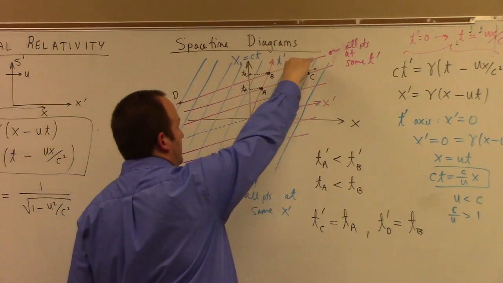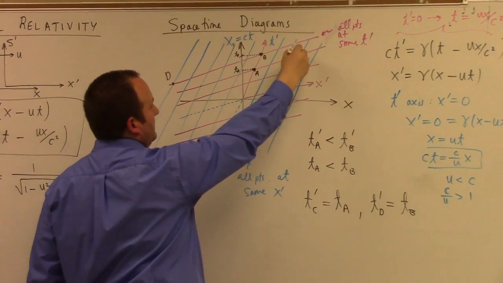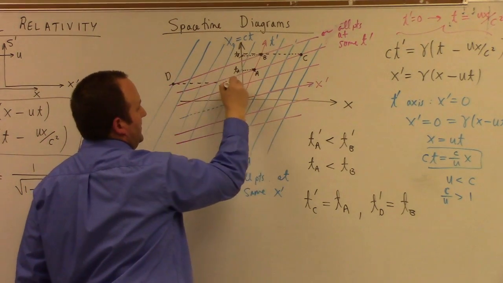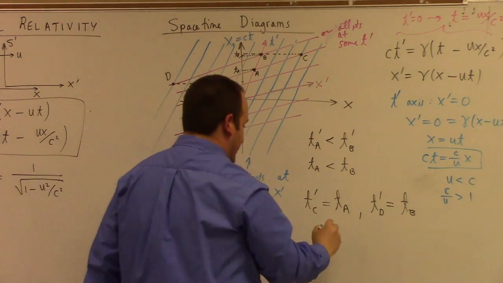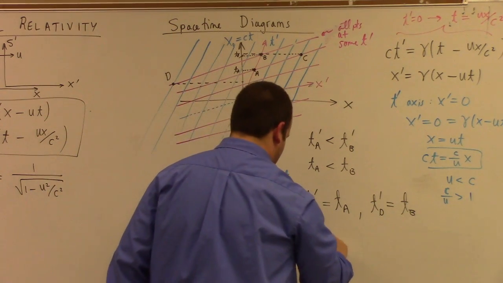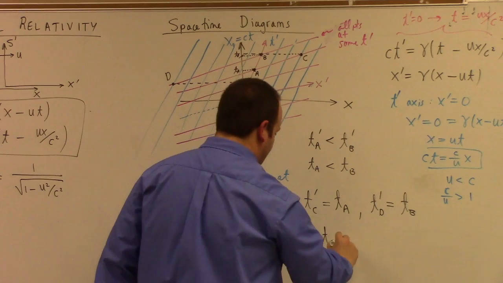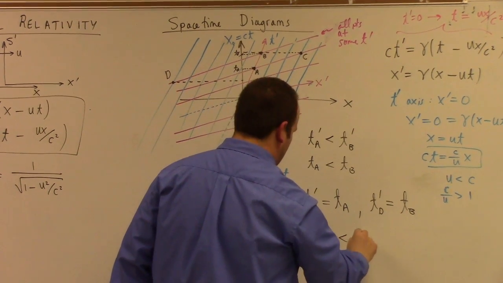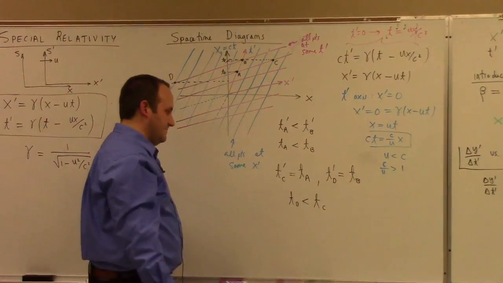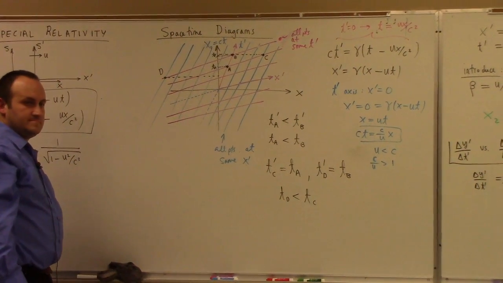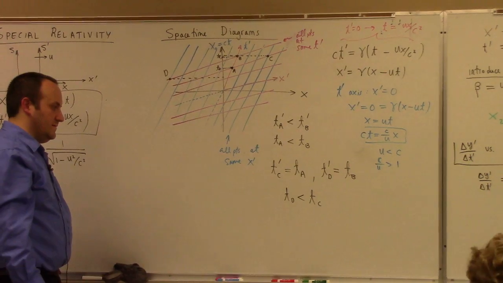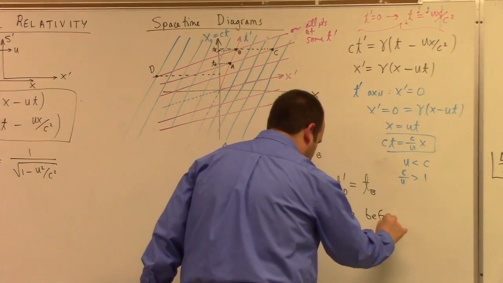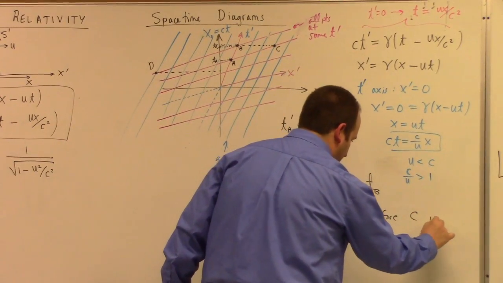And what's the deal if you go over here and look at the time? Come on, guys. I think you can see that TD is less than TC, right? So what's that say? That says that D is before C in the S frame, right?